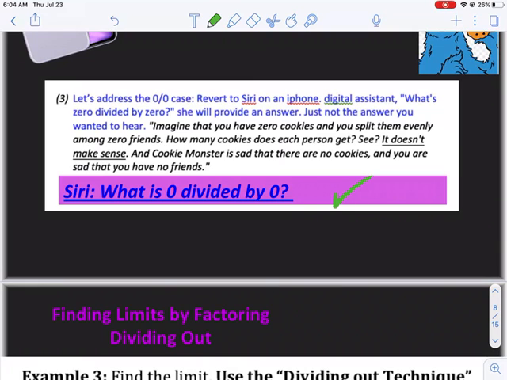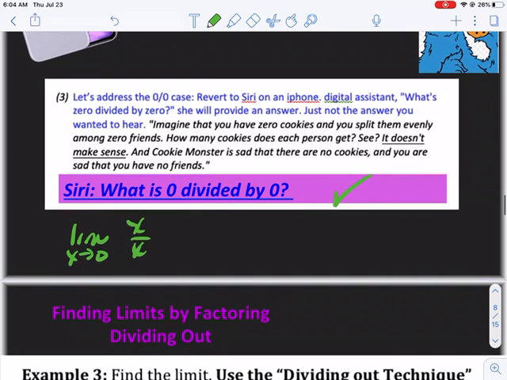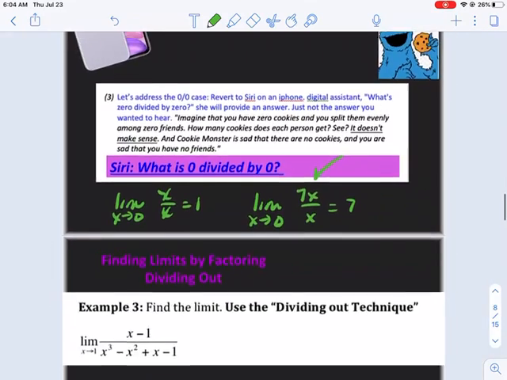For instance, if you have something like x over x, and you want to say the limit as x approaches 0, well, that could be 1, whereas the limit as x approaches 0 of 7x over x, that's going to be 7. So it could be different.